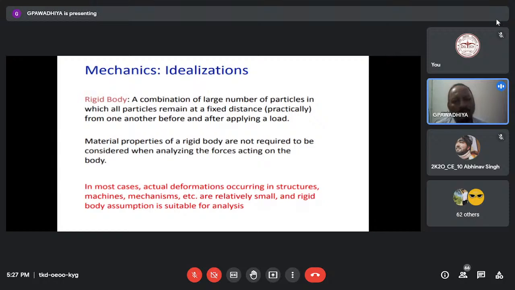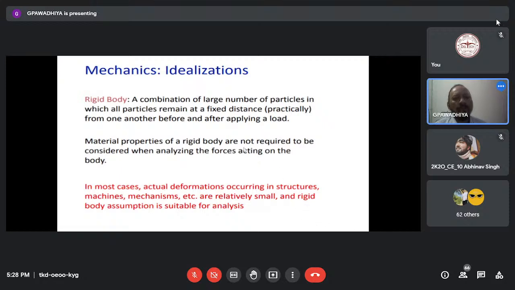We are not talking of mathematical simplifications here. We are talking of physical simplifications. Later, we'll use terms like slender, prismatic, elastic, isotropic material, etc. These definitions and assumptions we attach are called idealization of the body.